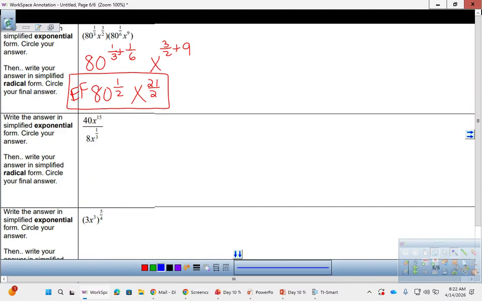Because we can write it in exponential form, and because exponential form has an exponent that's a fraction, we can also do radical form, where each of those fractions gets their own root. 80 to the first, and it's a square root. X to the 21st, and it's a square root. What's 80 to the first power? 80. Anything to the first power stays the same.